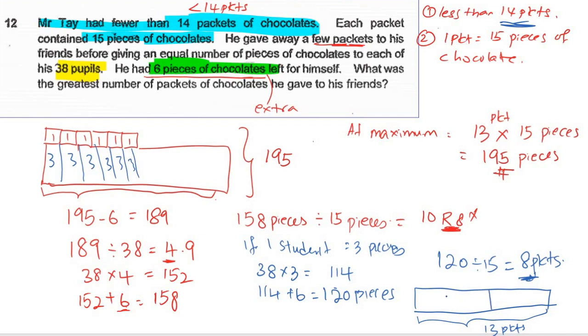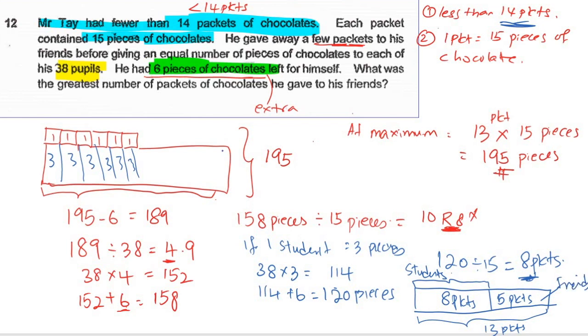So if I give 8 packets to the students, not to friends, then I will give 5 packets to friends.